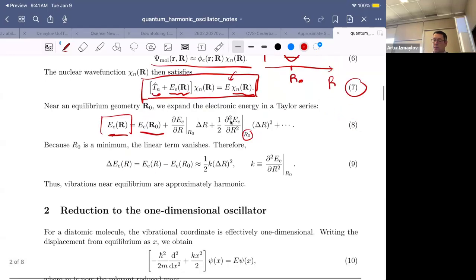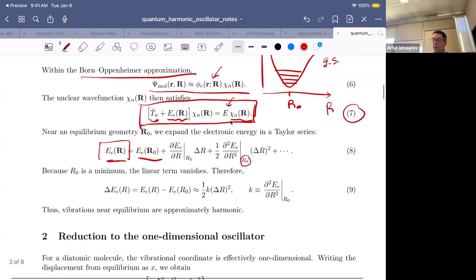And then because it's a minimum point, what does it mean for the derivatives? So what is the value of the energy derivative with respect to nuclear coordinates in the minimum here?